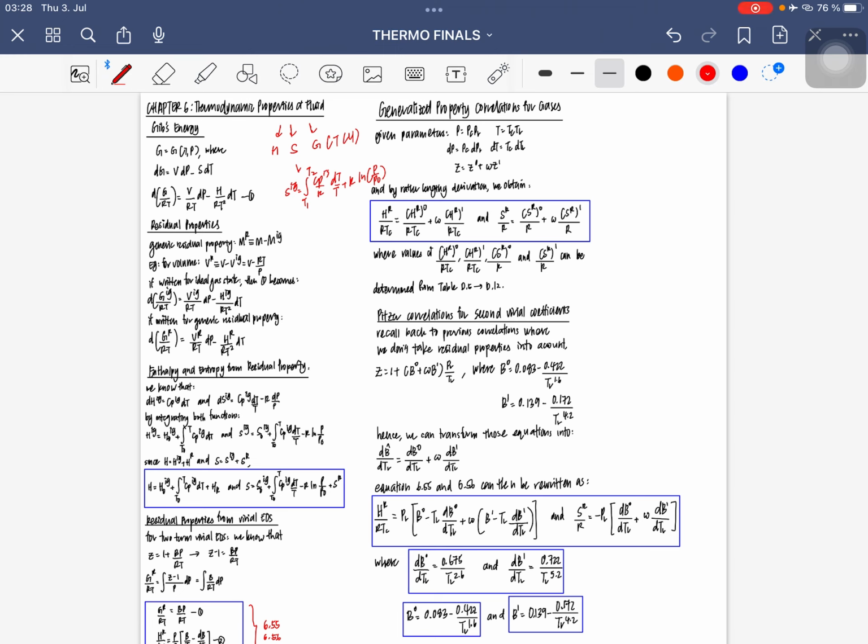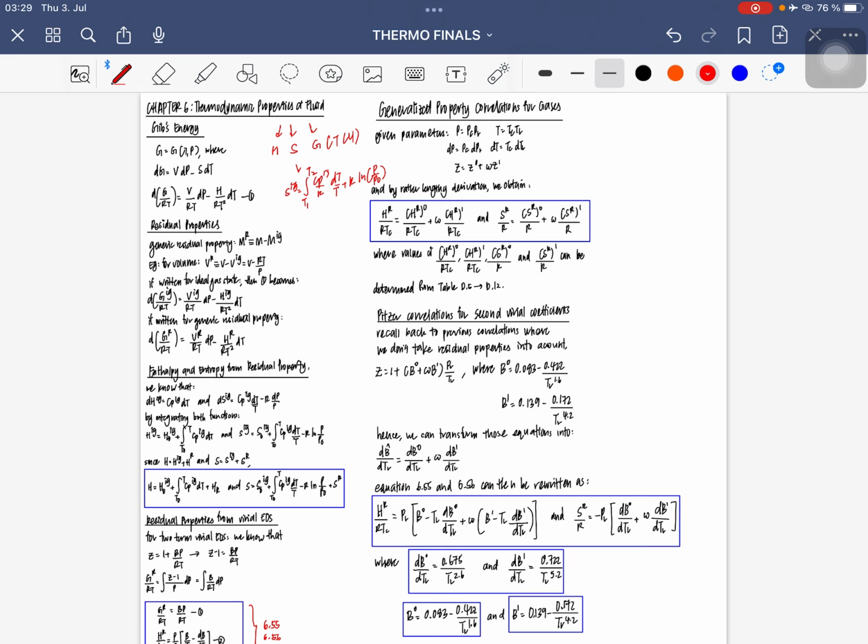Okay. So from before, since we are assuming ideal gases, right? So what is really Gibbs energy? Gibbs energy is just the maximum work done.